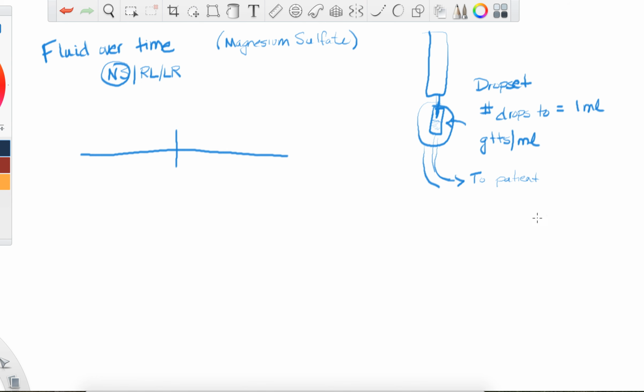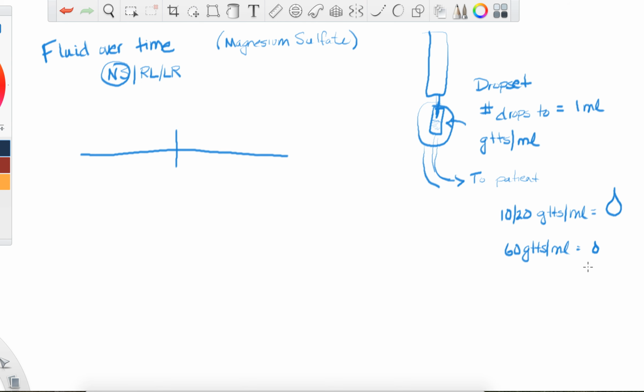So typically the drop sets are going to be either like 10 or 20 drips in a milliliter, and the lower the number, the larger the drop. And then, conversely, you're going to have 60 drop sets, and the larger the number, the smaller the droplet.